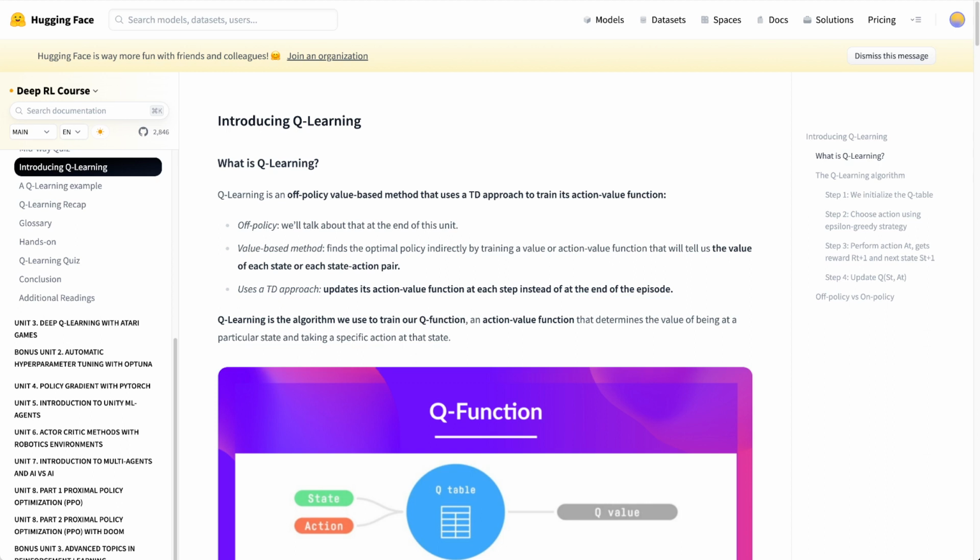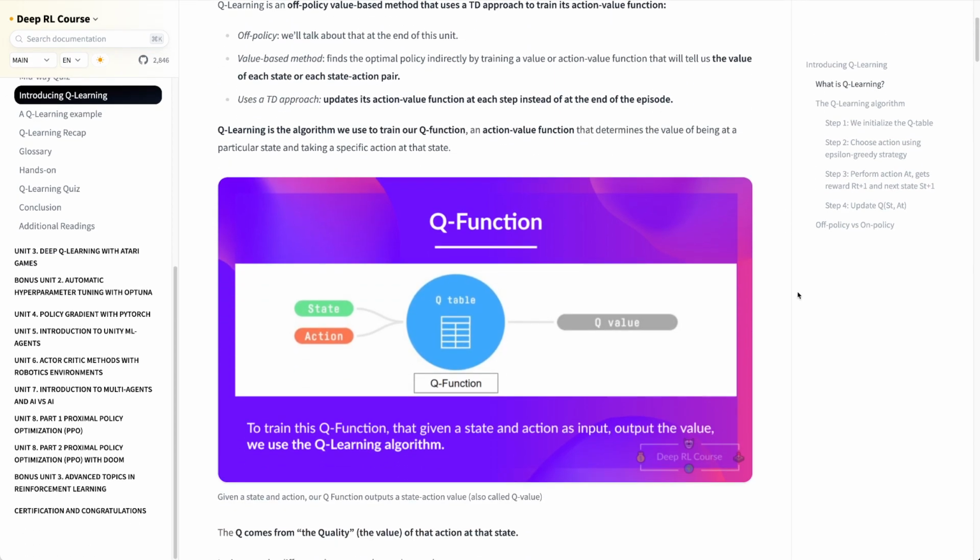Q-learning is the algorithm that we use to train our Q function, an action-value function that determines the value of being at a particular state and taking a specific action at that state. So in this diagram, they have a Q function. The state and action pair go into this Q function, which gives us the Q value. Lots of Q's here.